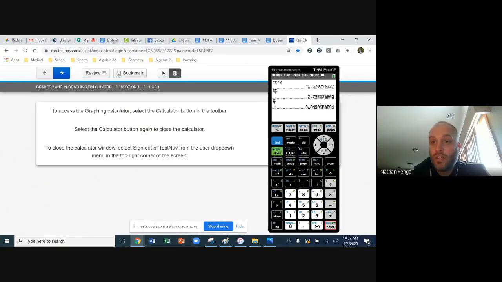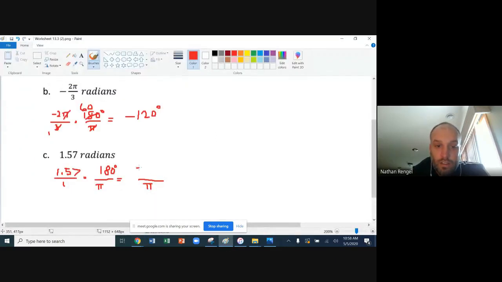So we'll head back to our calculator. We'll take 1.57 times 180, and we get 282.6. So we're going to get 282.6 degrees over pi. So there's going to be our degree measure.